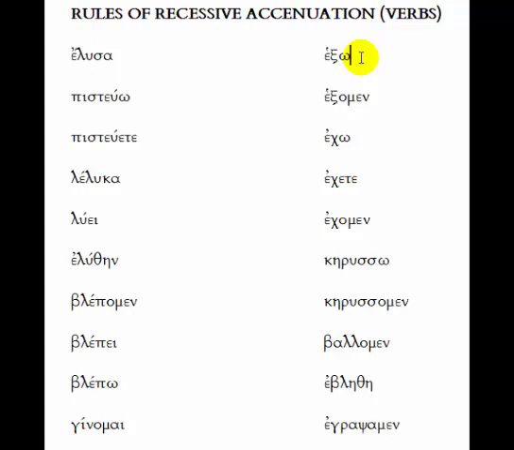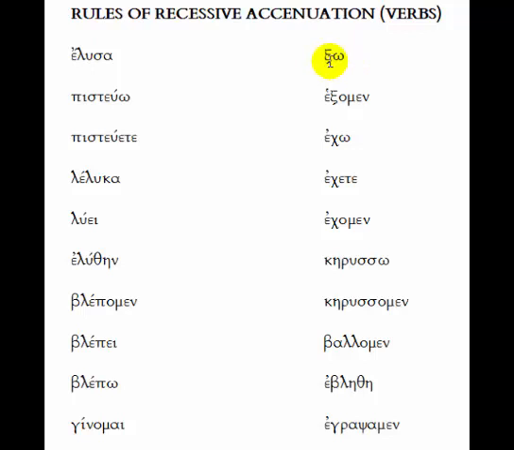This is hexo, hexo. Notice here it starts on a vowel. In this case, you have a rough breathing mark. Hexo, not exo. And this is the ksi letter we learned in the alphabet. So here it's pretty obvious that the accentuation is going to go on the hex right here because you have to go one syllable back from the nearest long vowel, which is this one.